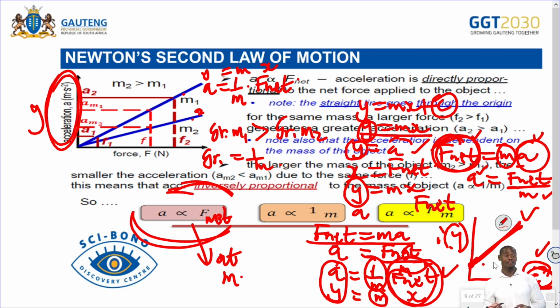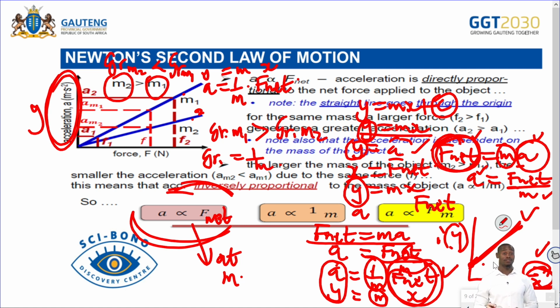The gradient of M2 is less than the gradient of M1. But the mass of M2 will be greater than the mass of M1, because gradient represents 1 over M, right?